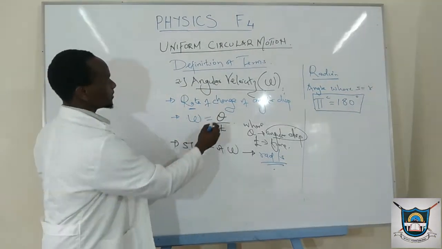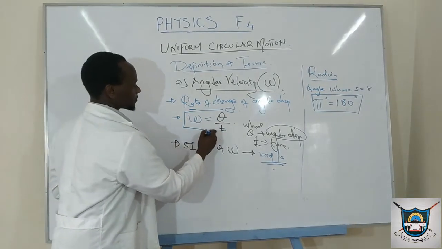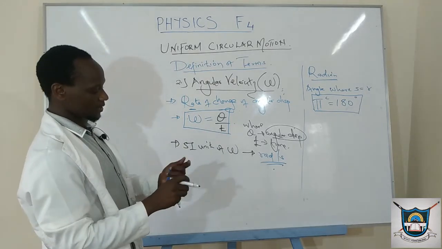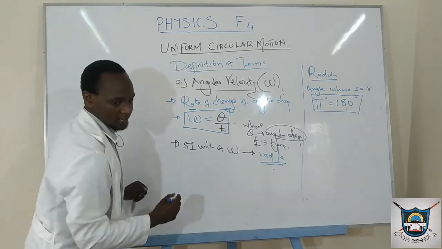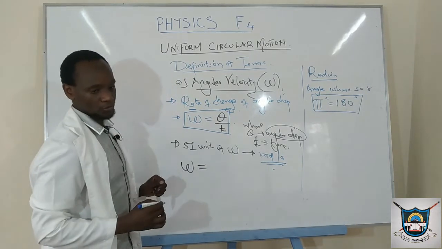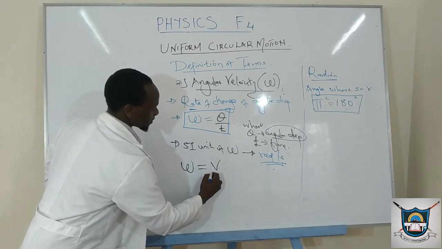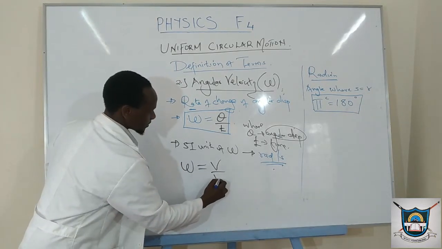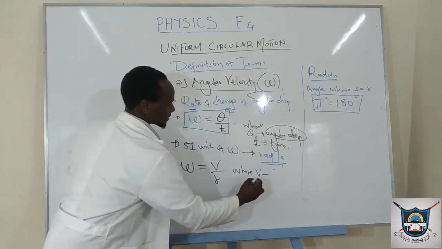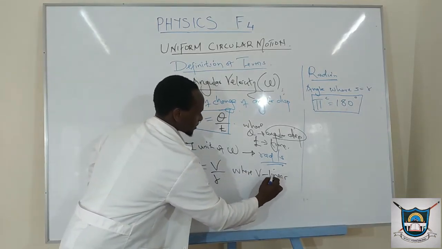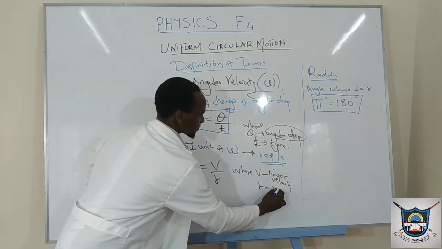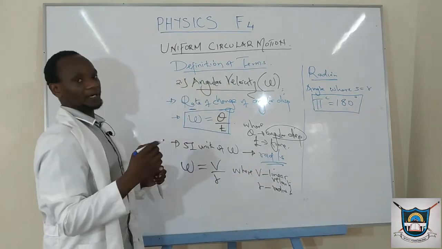So this is the formula of finding angular velocity. We have other formulas for finding angular velocity. This formula: angular velocity equals V over R, where V is linear velocity and R is the radius of the circular path.